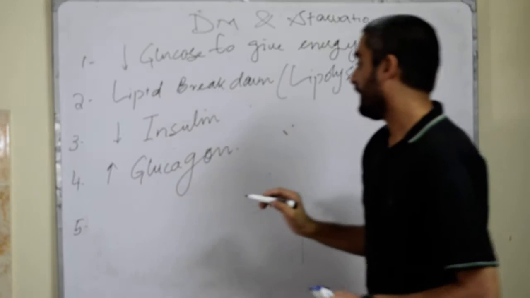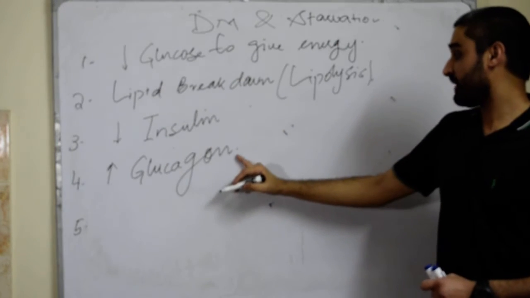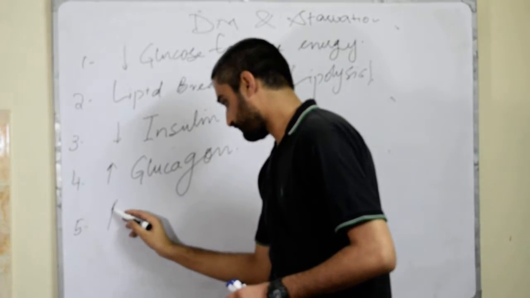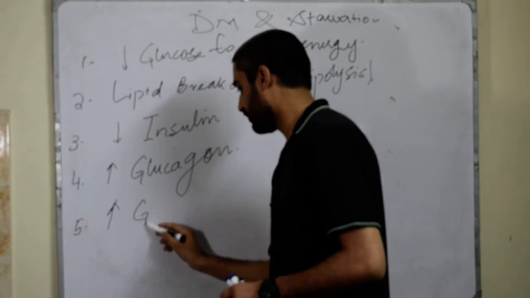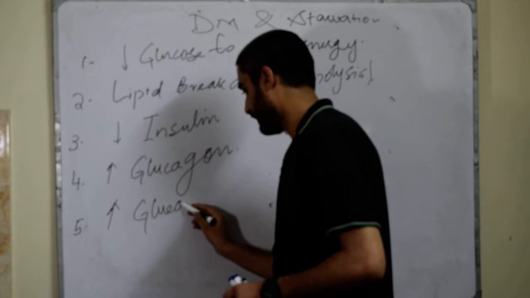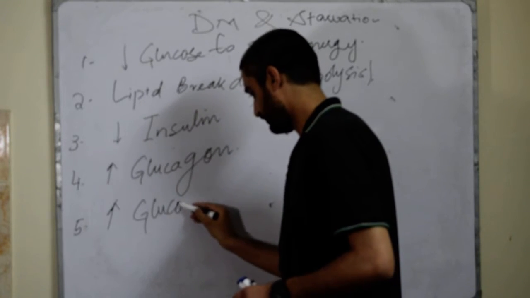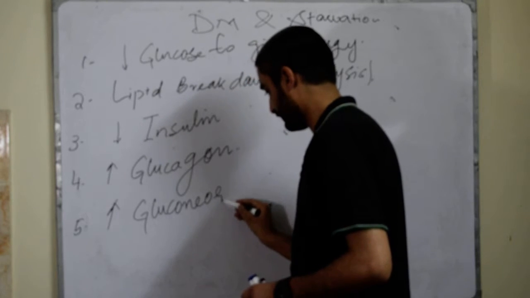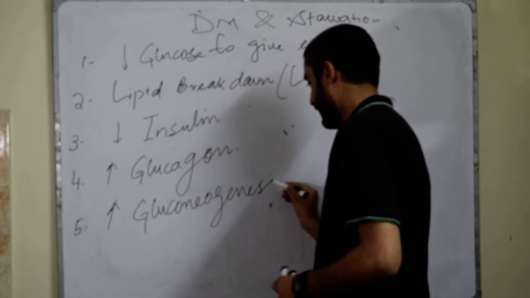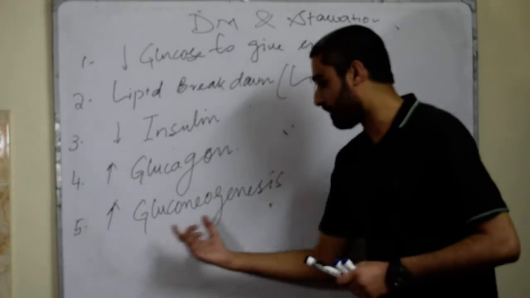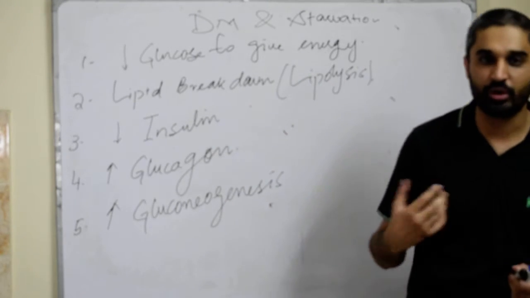Number 5, increased glucagon will favor gluconeogenesis, so new glucose will be synthesized.